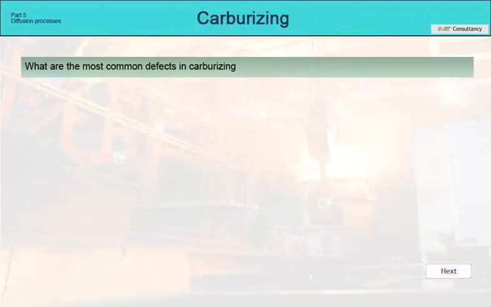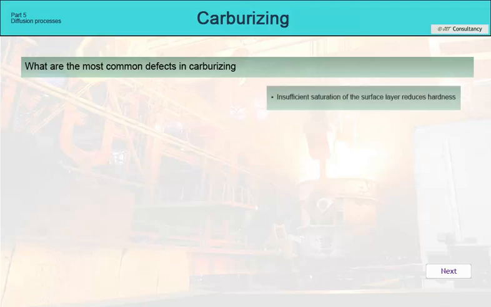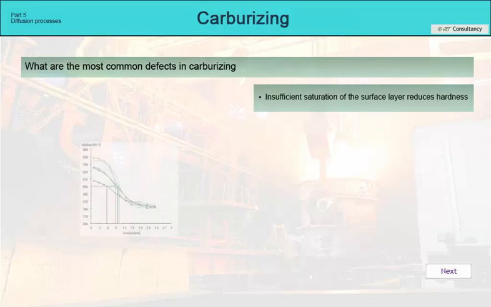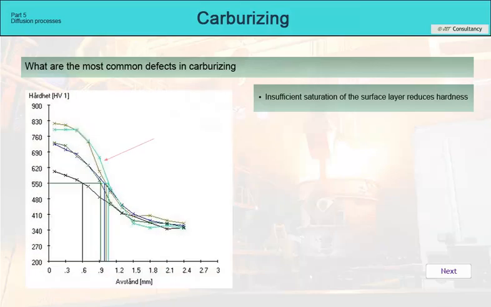And what are the most common defects in carburizing? First of all, it is insufficient surface carbon content in the layer. The layer will not have the required hardness and will be subject to higher wear. The reason may be, for example, too low a carburizing temperature or a low carbon potential of the atmosphere.